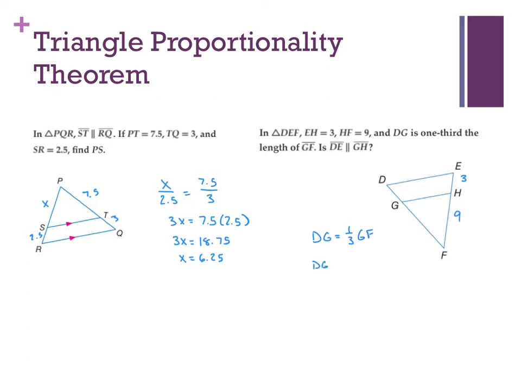Okay, DG over GF is 1/3. Okay, which means that as long as these sides simplify to the same scale factor, then they're proportionate. So let's try it. We have EH over HF, which is 3 over 9, which does simplify down to 1/3, which means that yes, these 2 lines are parallel.